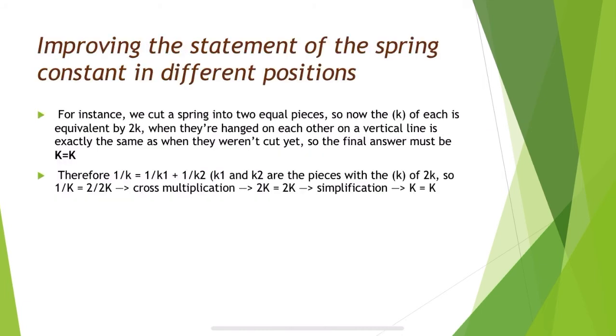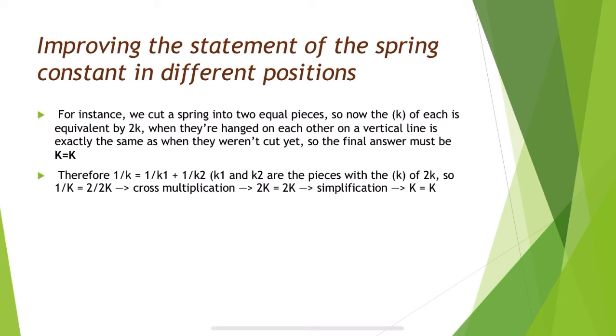And now, for comprehending the aspect in a much more specialized way, I will be proving that this statement about different positions, when we are putting those springs on each other in a vertical line, is true, that formula. For instance, we cut a spring, so they don't have different spring constants, into two equal pieces.